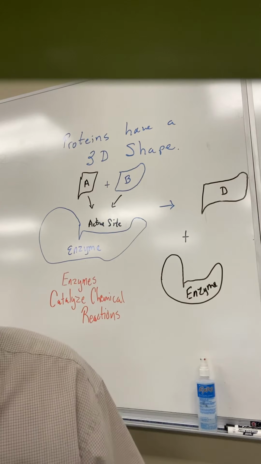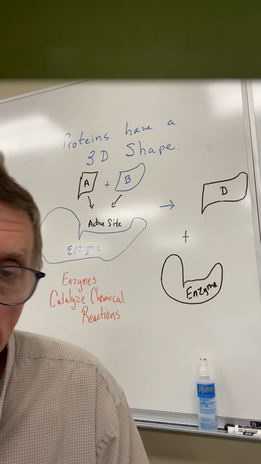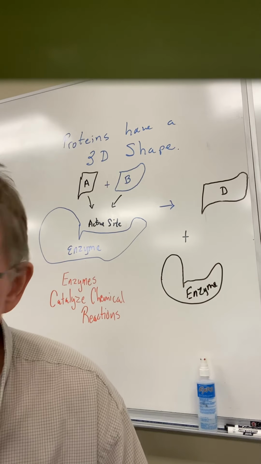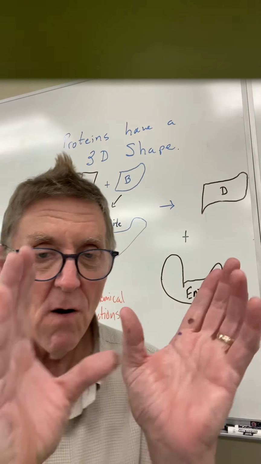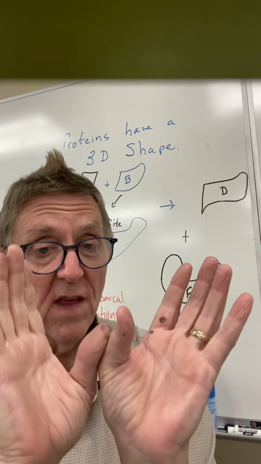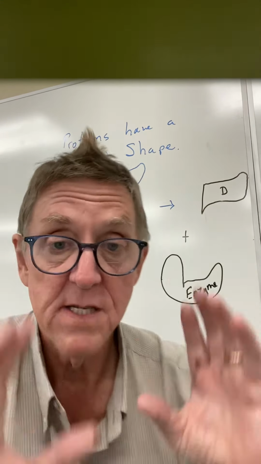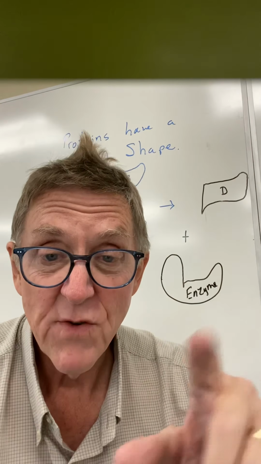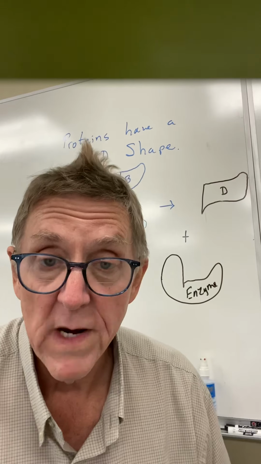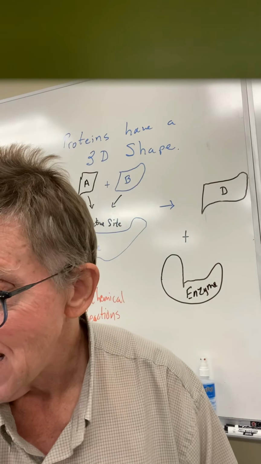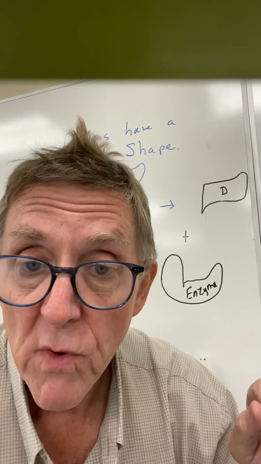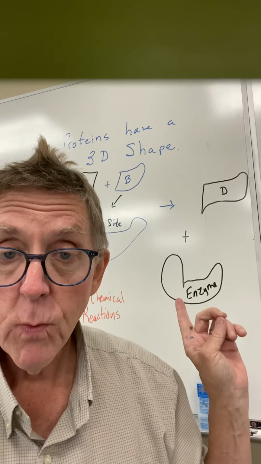The active site is the point where those reactants come together, and when they sit there, we call it the induced fit model. As soon as they sit on that spot, it pushes them in together. It changes the shape of the enzyme, which causes them to react to produce D. Then D bubbles off, and we're left with the enzyme.